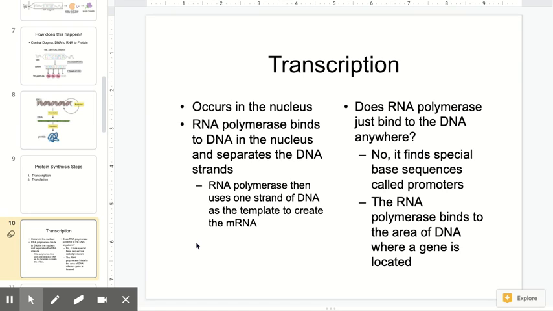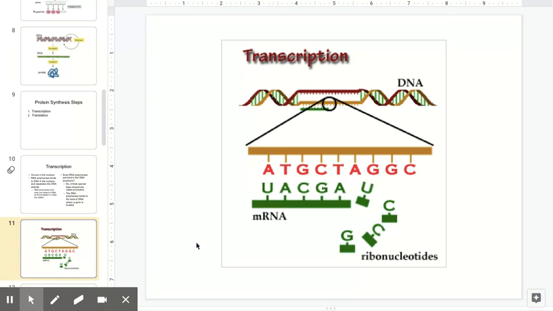It untwists it, and that RNA polymerase knows where to bind. It finds these special regions that contain genes. So no, the RNA polymerase doesn't bind just anywhere on the DNA. RNA polymerase knows where to bind, and it finds those spots because it knows where the genes are located.